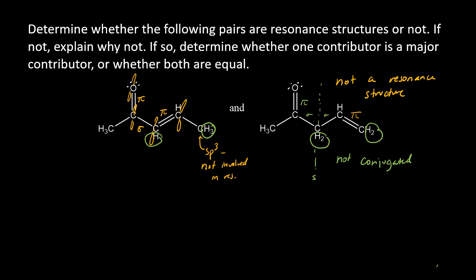So we have this sp3 carbon in the middle that acts as a block so that the p orbitals on the 2 separate sides can't overlap with each other. Okay, so these are not resonance structures because we actually changed the underlying sigma bonding framework of our molecule to get to the second structure.